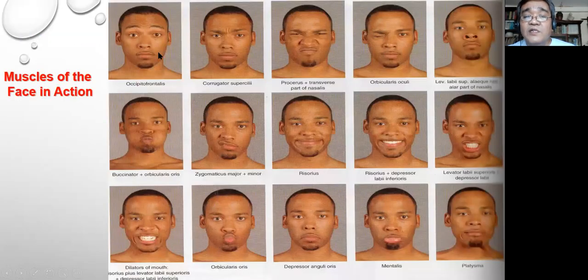So this is a photograph showing the mechanism of action of the different muscles of facial expression and the specific emotion that they convey. Be familiar with this.